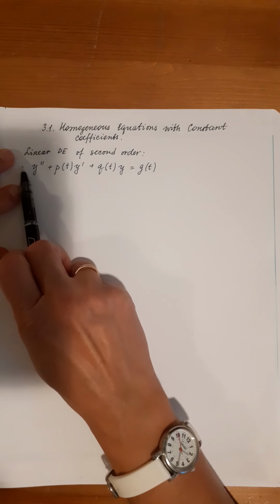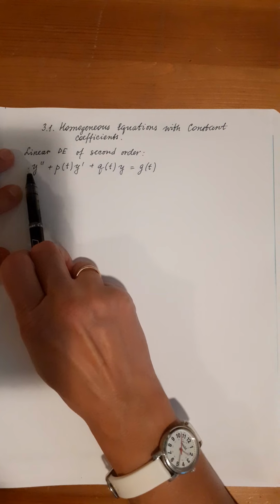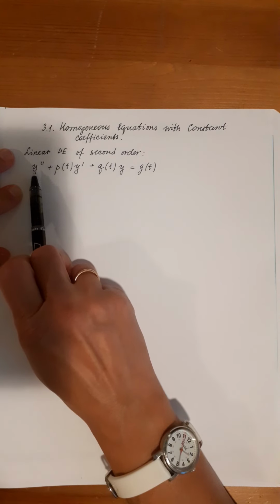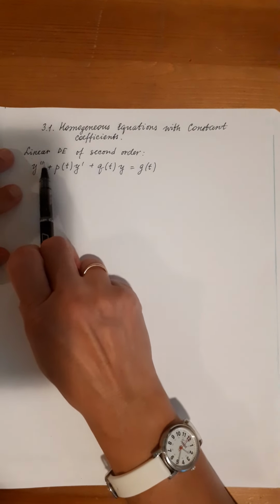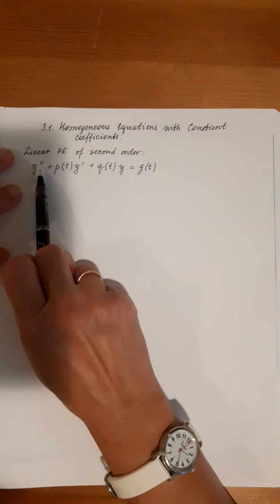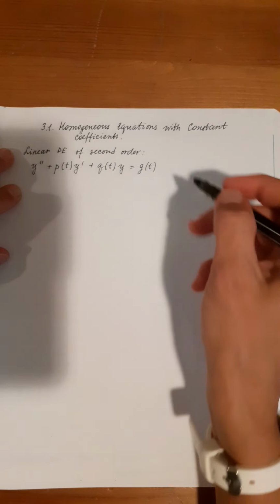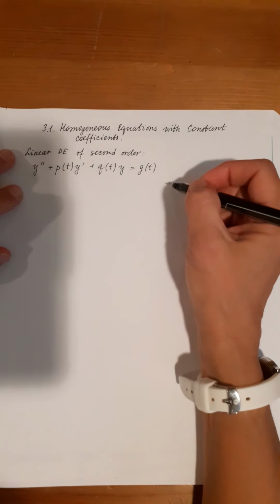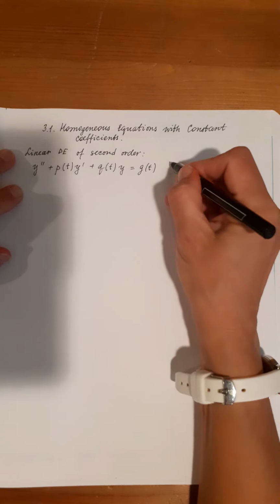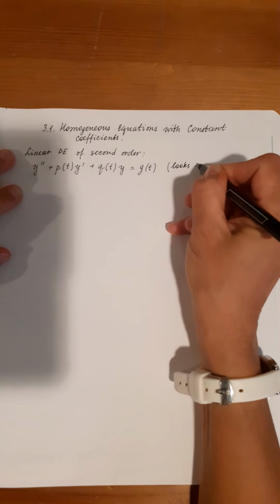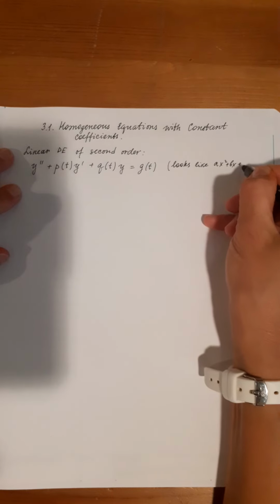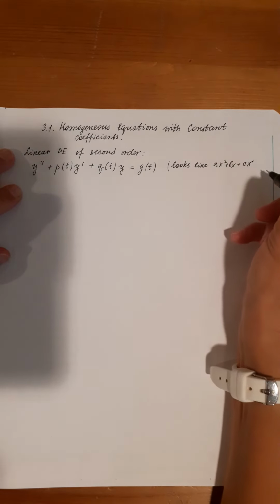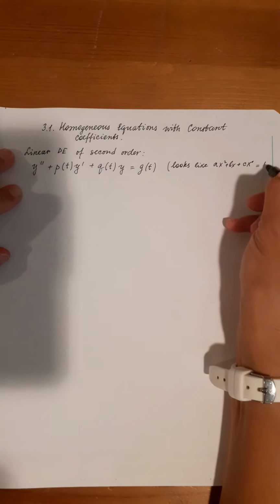Usually we can divide the whole equation by the coefficient of the second derivative, considering that it's not equal to 0 anywhere, and turn it into a form solved for the second derivative. This is the right part. If the right part is equal to 0, the equation becomes homogeneous. Let me write down x to the power of 0 actually, and over here d.